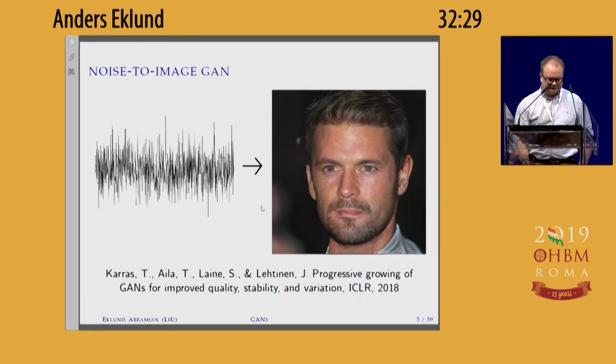So as Bliss mentioned, if you have a noise-to-image GAN, you always start by generating a noise vector, and then your GAN will hopefully produce a very realistic image. So this person doesn't exist, but it's just a very realistic synthetic face.